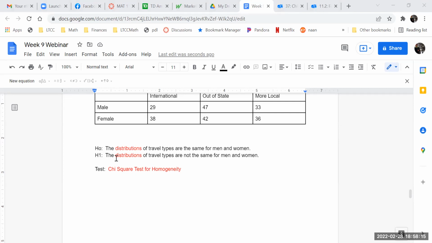And H1 is the distributions of travel types are not the same for men and women. Notice this is similar to goodness of fit in the wording, but what's the difference in the key word? Yeah, plural.